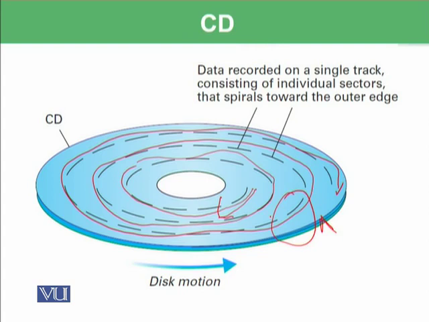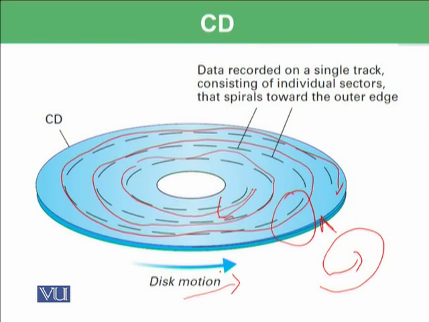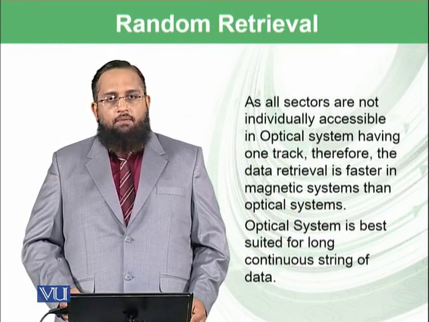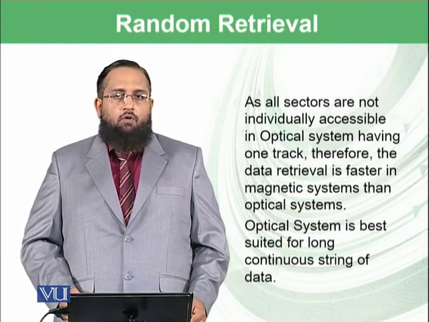Here the whole CD will spin in this direction. You might have seen that when you change the track of the audio music, it spins a lot because it wants to reach the position from where the data can be read. So in a CD, random retrieval is not possible, and this is one of the shortcomings of storing data on a CD.